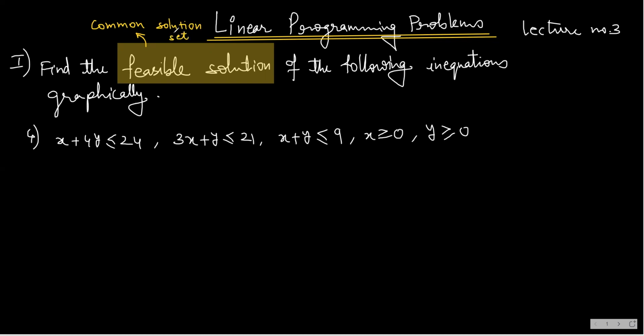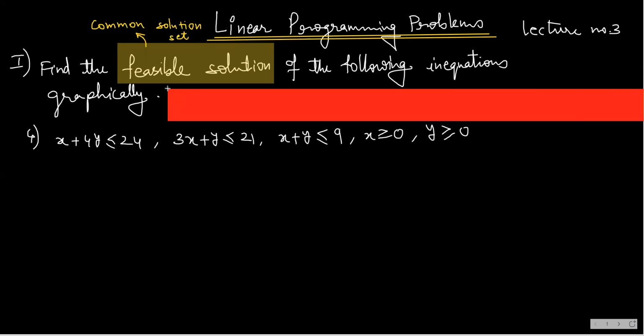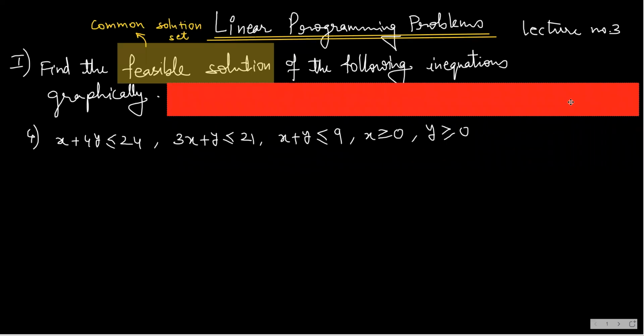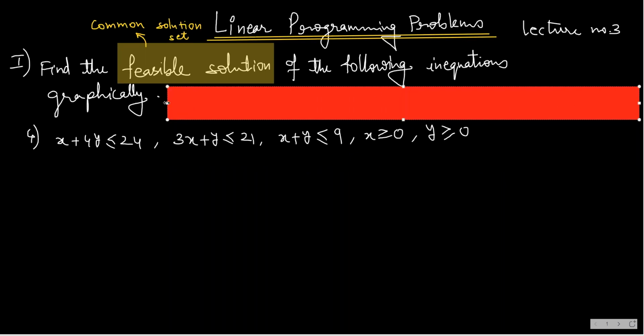So how do we define a feasible solution? A solution which satisfies all the constraints simultaneously is called a feasible solution. So I can define the feasible solution for you as follows.